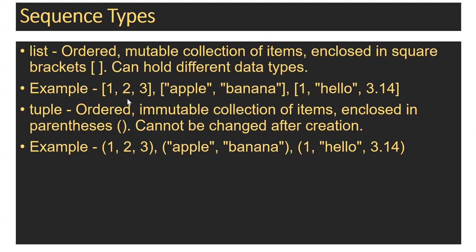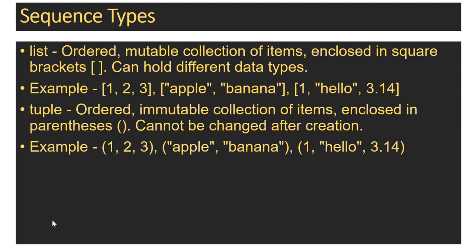Then we are saying mutable collection of items for list. That means this first element, which is 1, you can assign another element to it, like 5, so the list becomes 5, 2, 3. So you are able to change this element and assign another value to it.